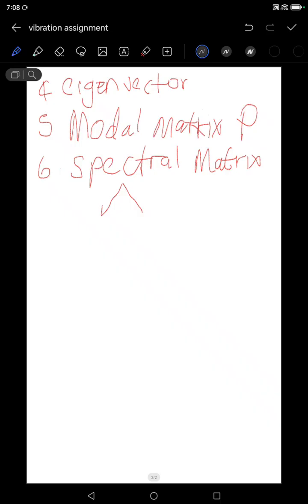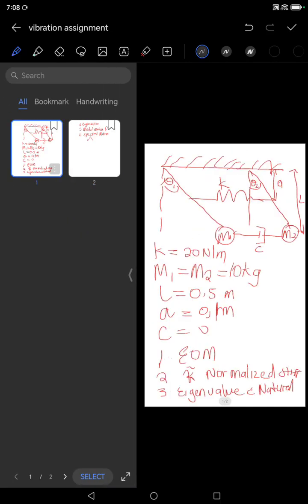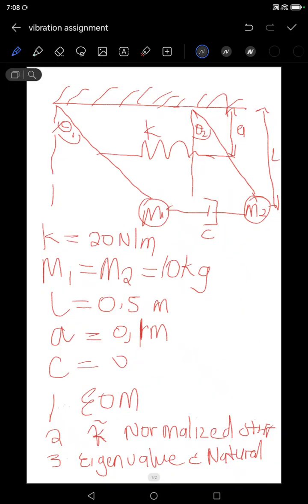Okay, so we are given that diagram. This is the diagram that we're going to focus on, the two identical pendulums.